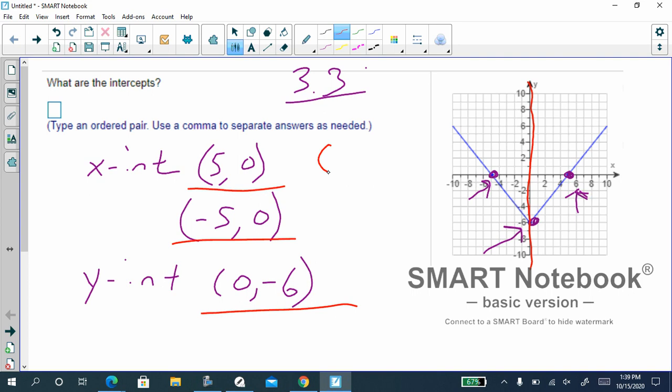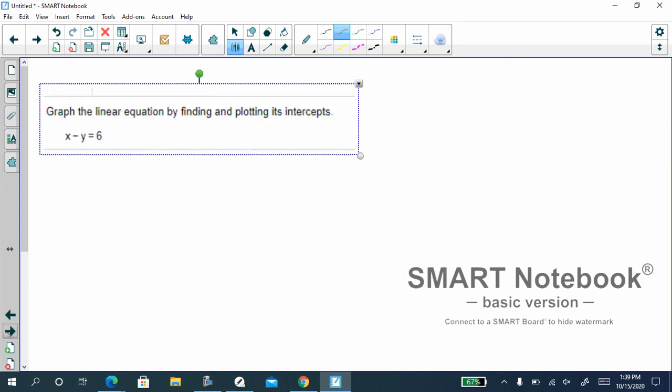So for an x-intercept, the y value is always 0. For a y-intercept, the x value is always 0. So if we're given an equation and it says to find the intercepts, we need to know that. For an x-intercept, that occurs when the y value is 0.